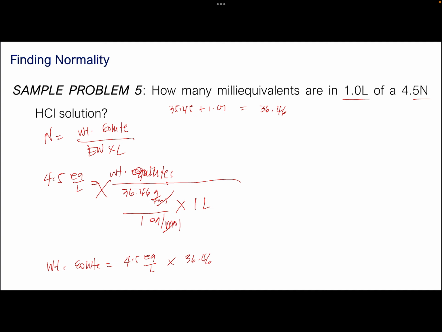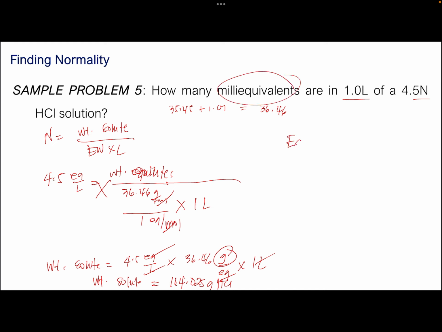So we have 36.46 gram per equivalents times 1 liter. Cancel out the liter, equivalents, so we have grams. So the weight of solute in grams is 164.025 grams HCl.